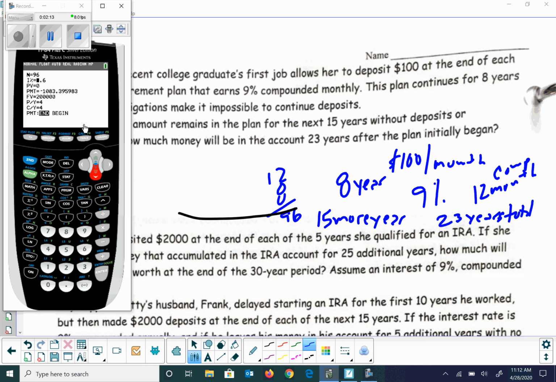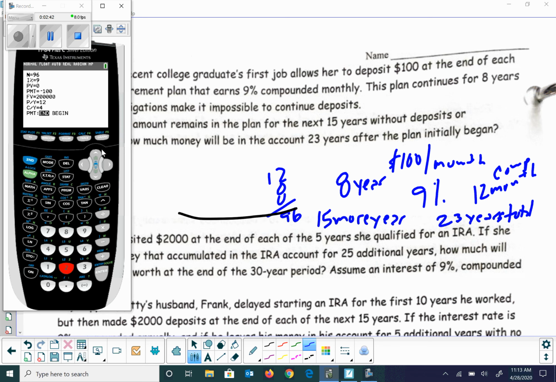She's going to earn 9% interest. Her present value is nothing, but she is going to do 100. Remember, we're going to have that negative out in front because that's what she's paying out, negative 100. And I guess if we flip-flop, it doesn't really matter. Negative 100. And it's going to be compounded 12 times a year.